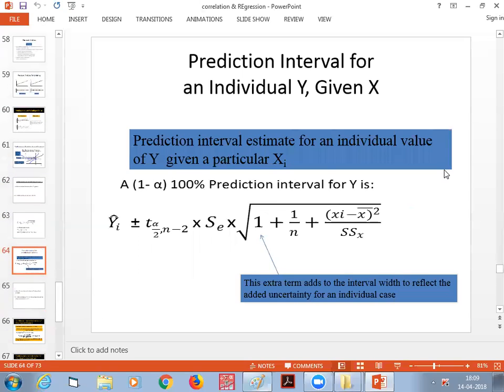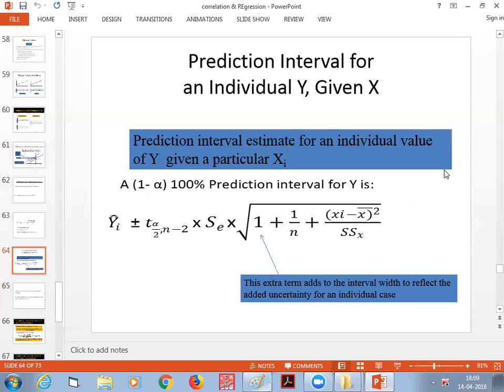But what about the prediction interval for an individual value of y given x? The prediction interval estimate for an individual value of y given a particular x. Again, there also it is 100 into 1 minus alpha percent confidence. Alpha 5% means 95%, alpha 1% means 99%, alpha 10% means 90% confidence, etc. So 95% I am confident.